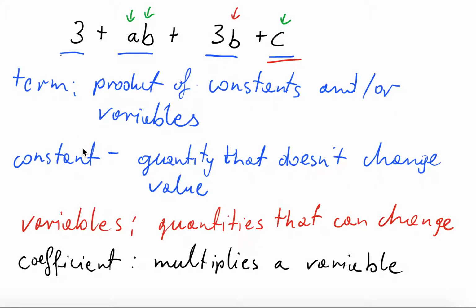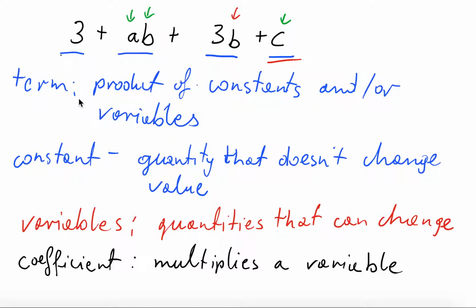So let's just go over them again. An algebraic expression is an expression that combines letters, numbers, and operations. An algebraic expression consists of terms. Terms in our expression are the underlying quantities. And a term is a product of constants and of variables.